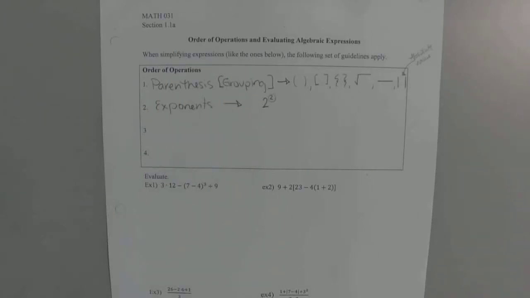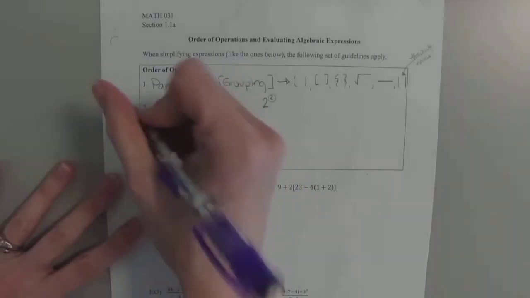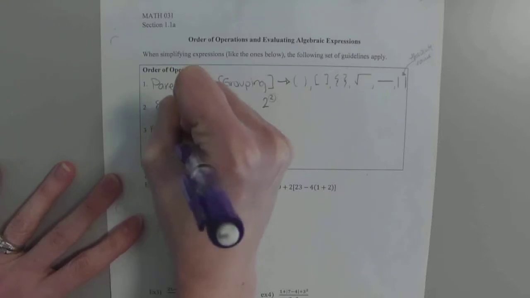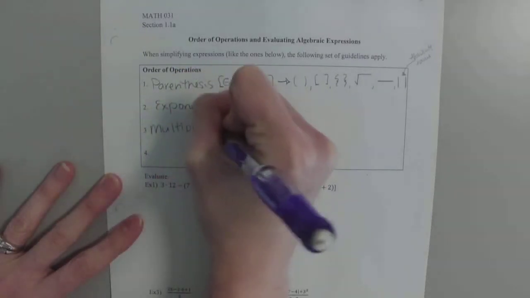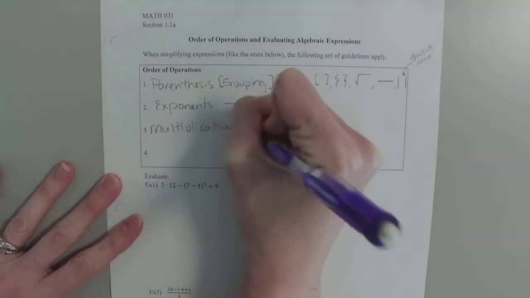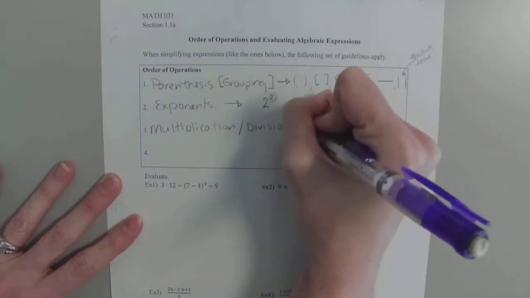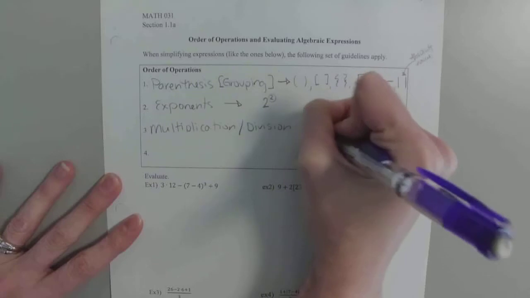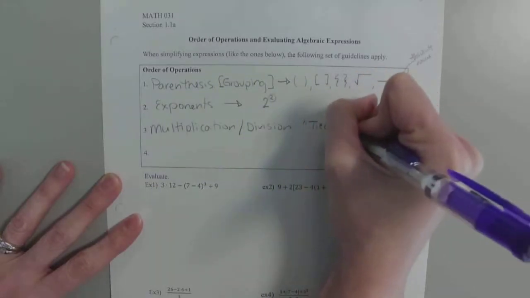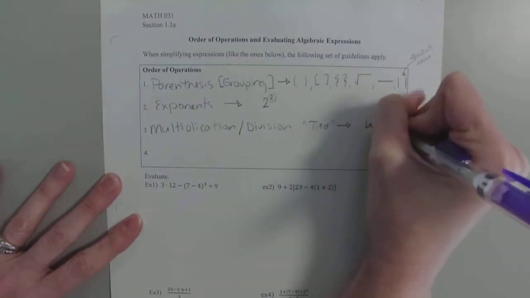After that, so we have my, right? My dear. M stands for multiplication, D stands for division, but they're actually tied. So this is multiplication / division. And so since they're tied, you move left to right.